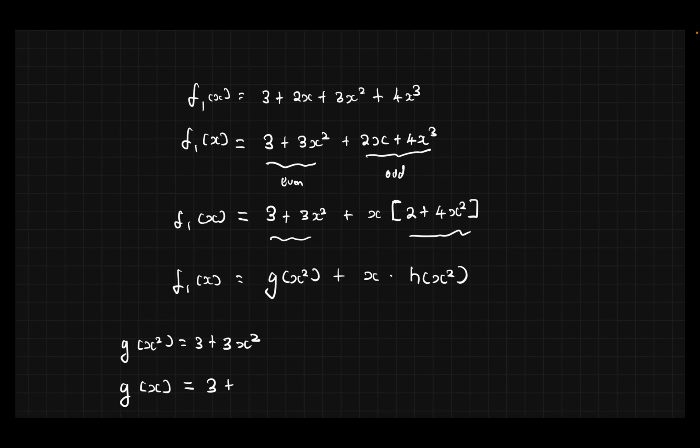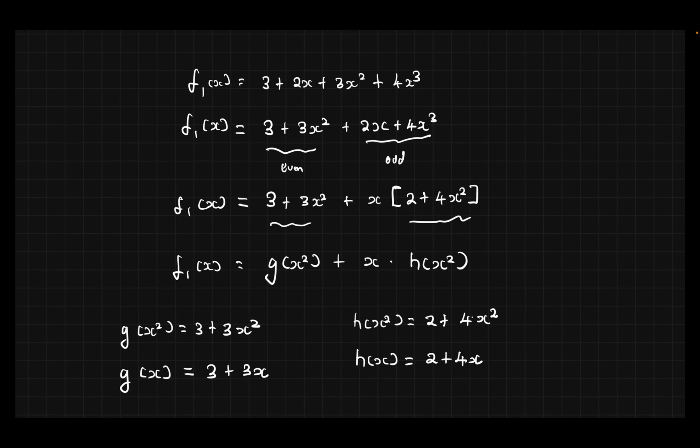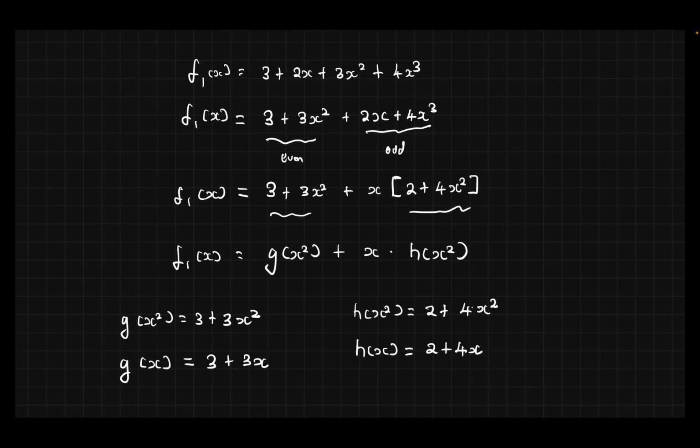So that's 3 plus 3x, our g of x. Then h of x squared is 2 plus 4x squared, so what's our h of x? Cool. So this is our g of x, and this is our h of x.